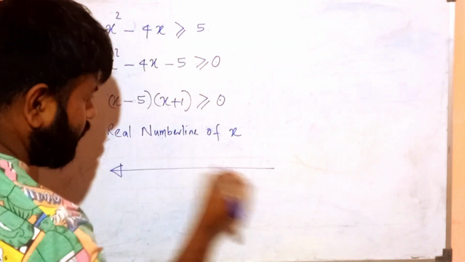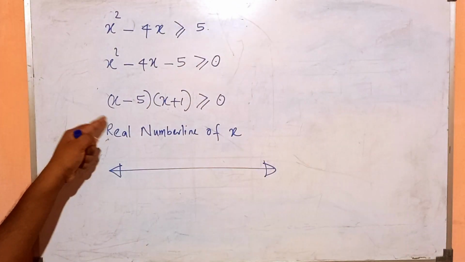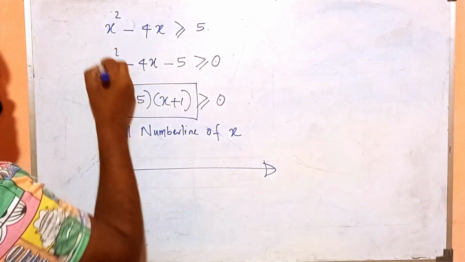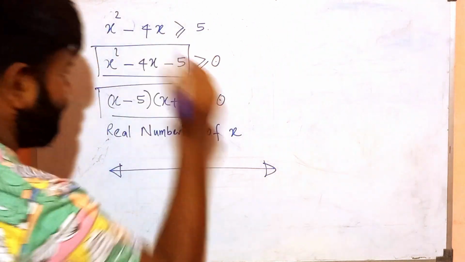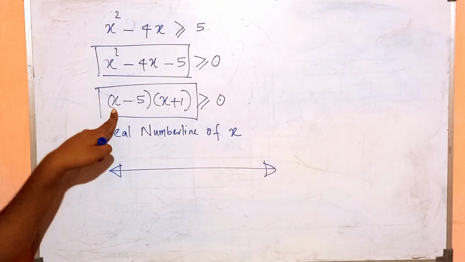In this number line, you have to indicate the values which make this expression 0. So what are the values of x which make this 0?